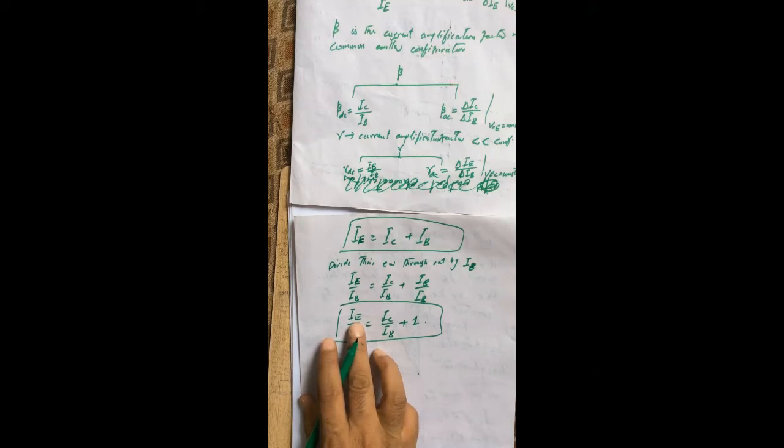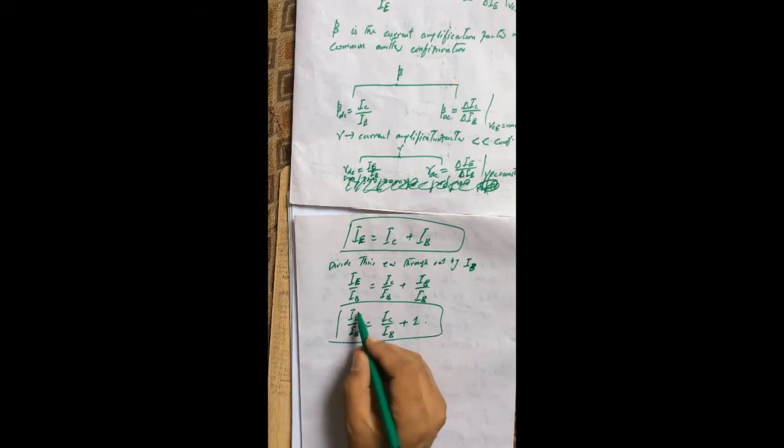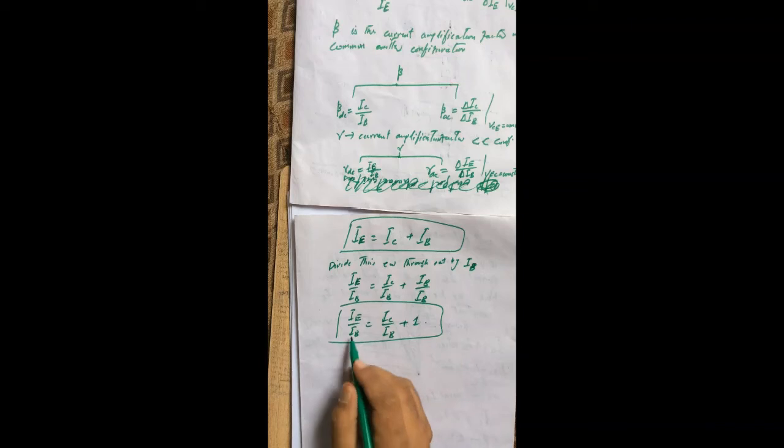Now if we look at this equation, IE is the output current in common collector configuration, and IB is the input current in common collector configuration. So this factor IE over IB is equal to the current amplification factor in common collector configuration, which is represented by gamma.